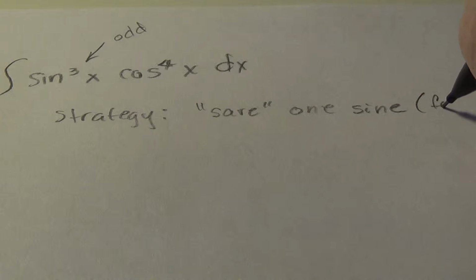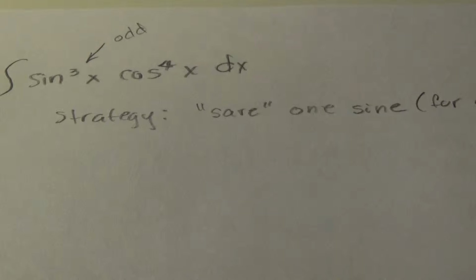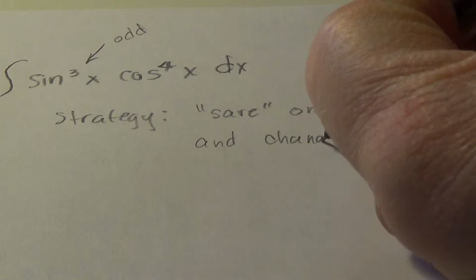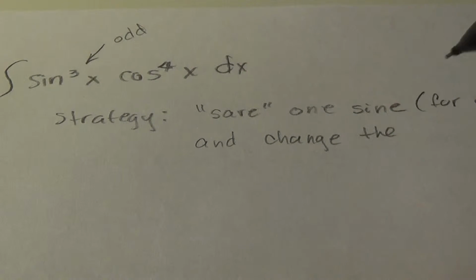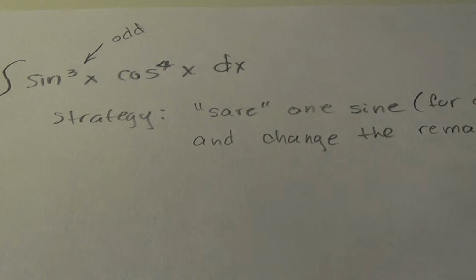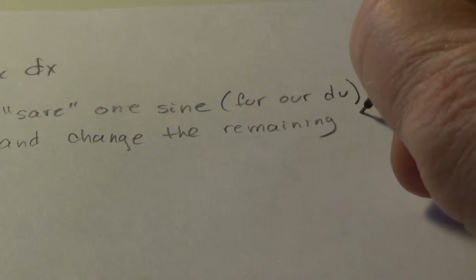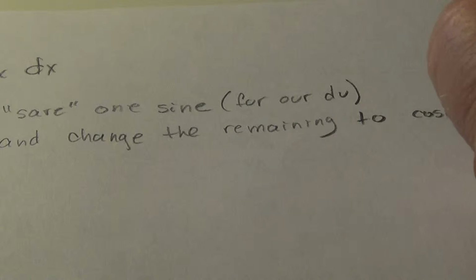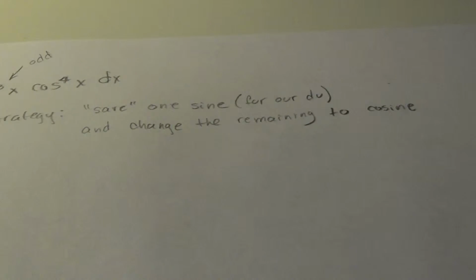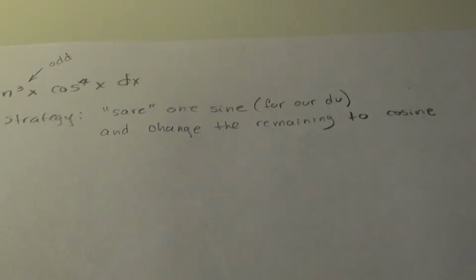That's going to be for our du, and change the remaining to cosine. So let me zoom out a little, see if I can get that statement in. The strategy is to save one sine for our du and change the remaining to cosine.